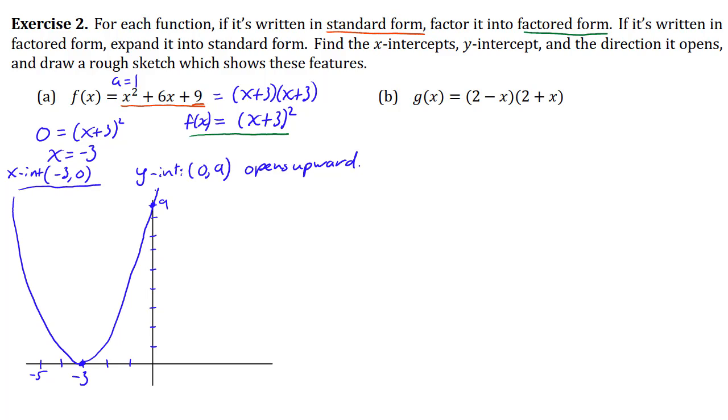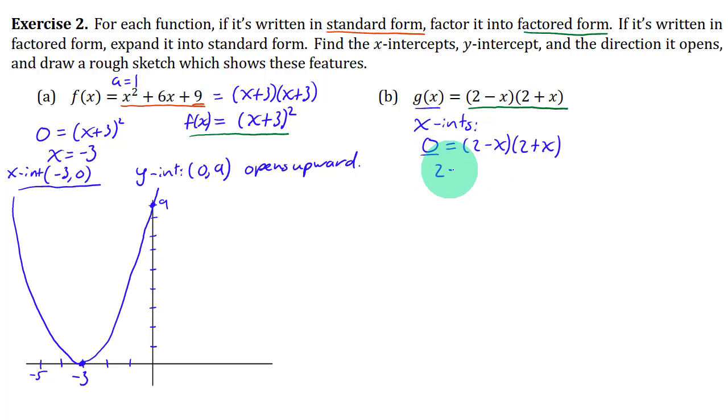So that's that one. This one, let's see, this is in factored form. And when it's in factored form, it actually makes it easy to find the x-intercepts, because the x-intercepts are what x makes y equal 0. So I'm going to replace the y coordinate here with 0. And so there's two factors here.